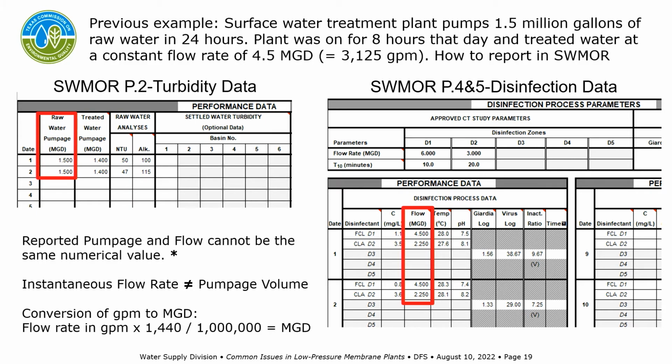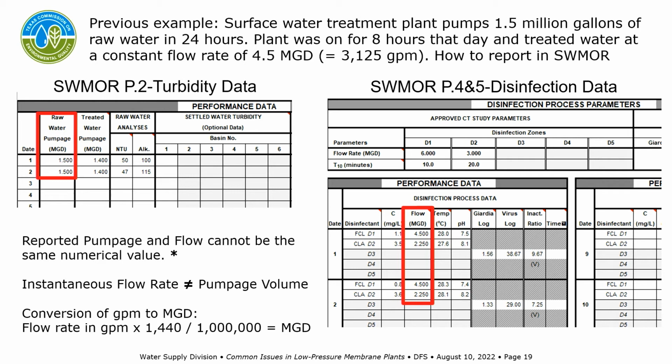Just to illustrate this, we'll go to the previous example, the 1.5 million gallons of raw water in 24 hours, but the flow rate of 4.5. The correct way to enter that is, of course, here under raw water pumpage, 1.5. And then you can see over here on pages 4 and 5, we've got the 4.5 on both of those days.